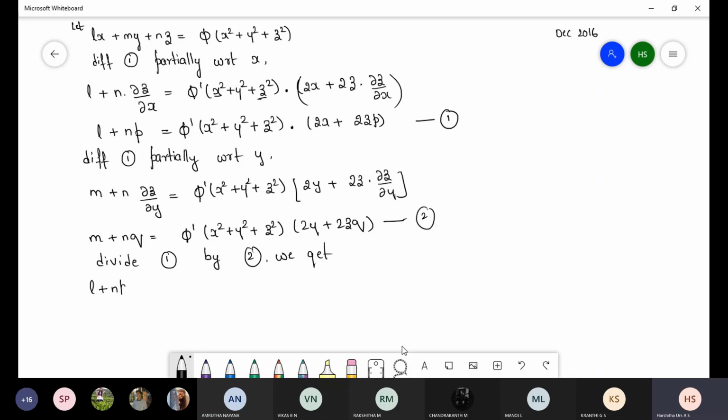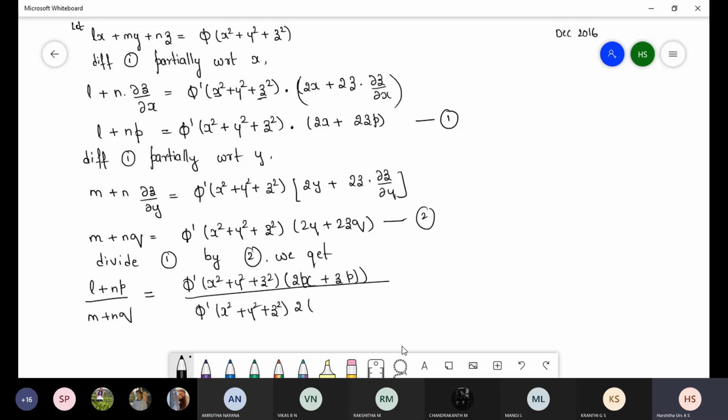L plus NP divided by M plus NQ is equal to phi dash of x square plus y square plus z square into, I will take 2 as a common term, 2 of x plus zp, divided by phi dash of x square plus y square plus z square, here also I will take 2 as common, y plus zq. 2 will get cancelled, phi dash will get cancelled.